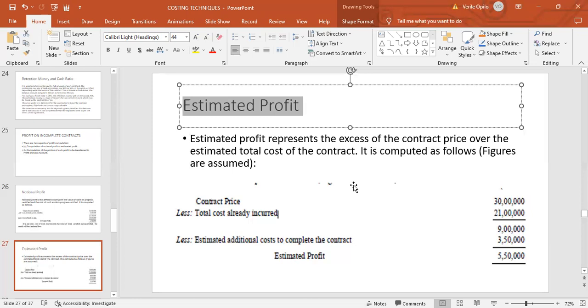So it will be equal to the agreed price for this particular contract. How much have you agreed?